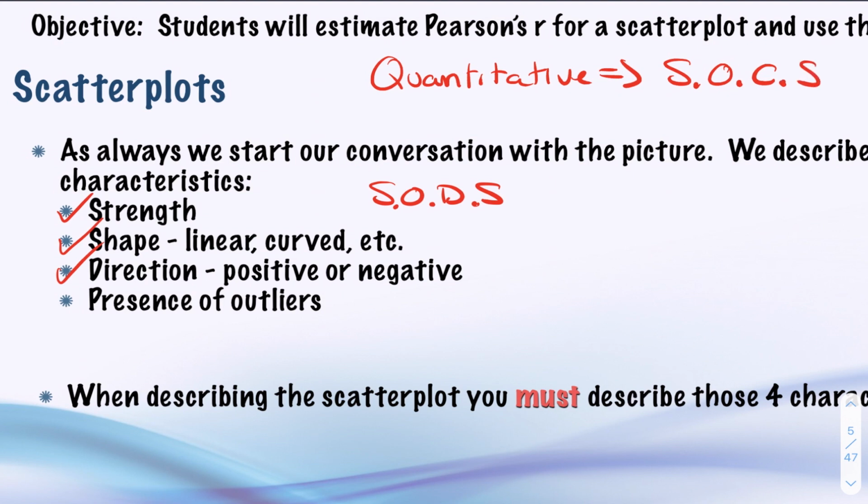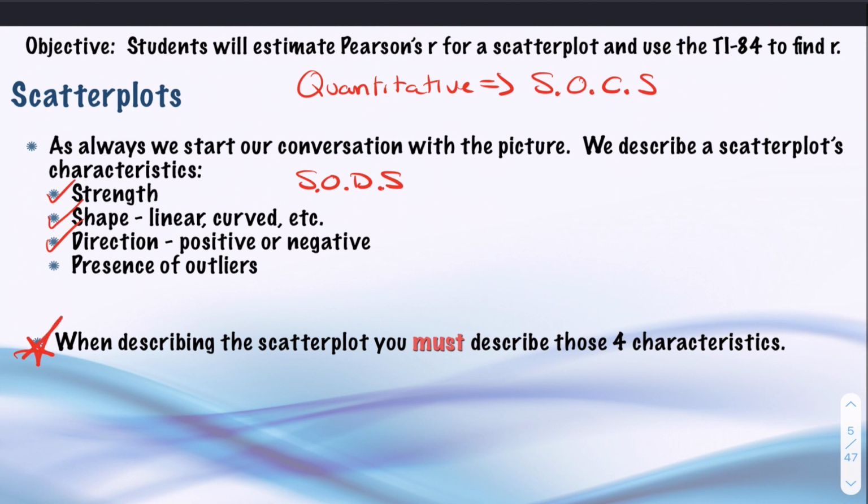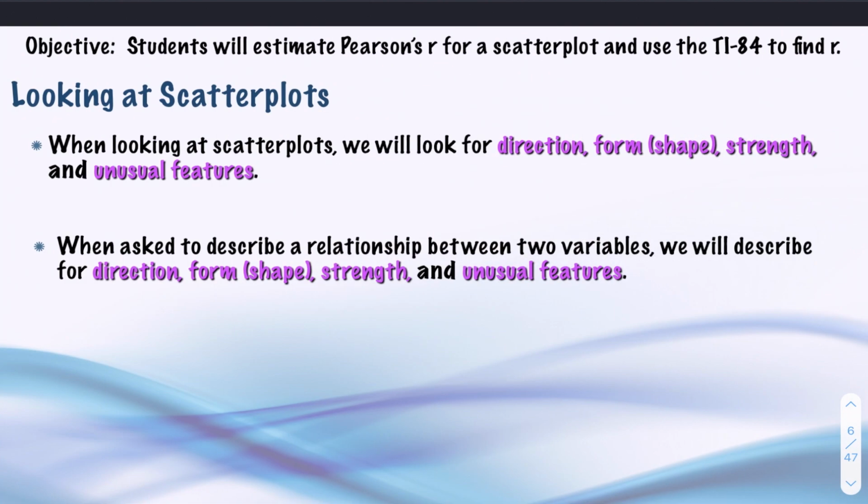So I'm trying to use these closely tied acronyms together to help us remember these things. Do note, whenever you're describing the scatter plot, you must include the description of these 4 characteristics. This is a non-negotiable. You have to do this in order to fully describe what's going on here.